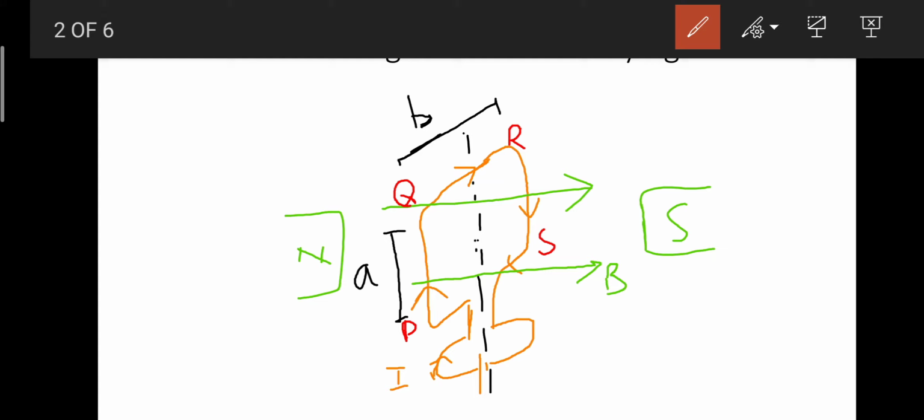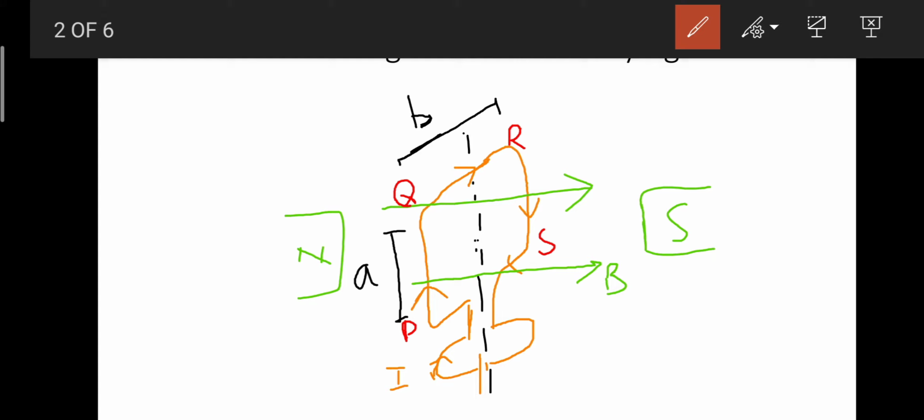When this coil rotates, this shaft will be the axis of rotation about which the coil is going to rotate. The direction of current which we have chosen here is clockwise. Now we cannot calculate the force for the whole loop at once, so we are going to divide it into different lengths: PQ, then QR, then RS, and then SP.